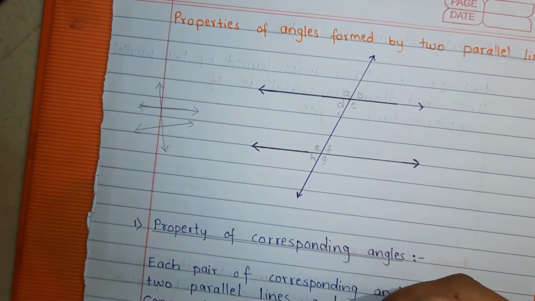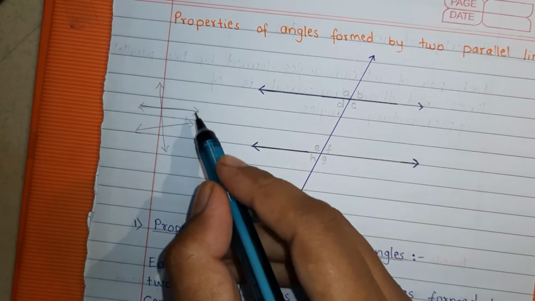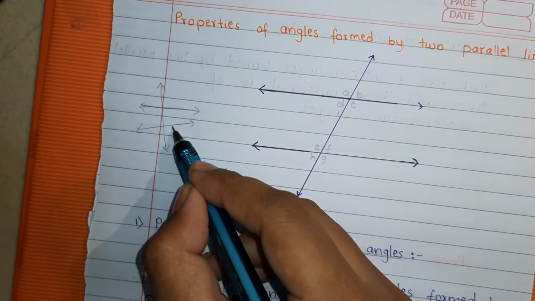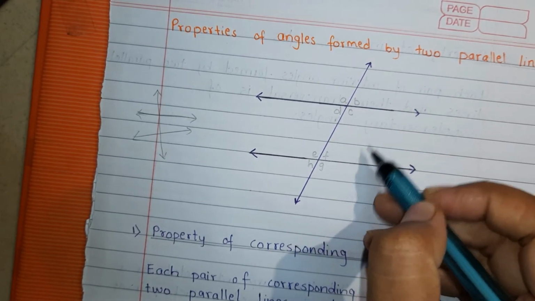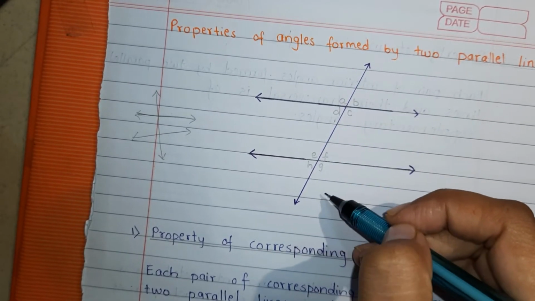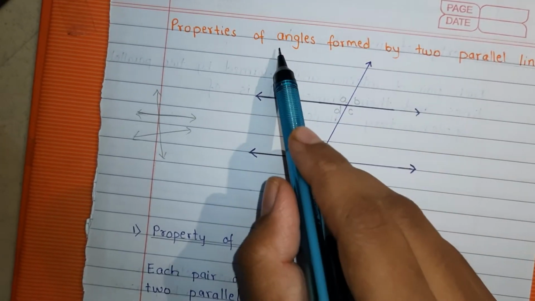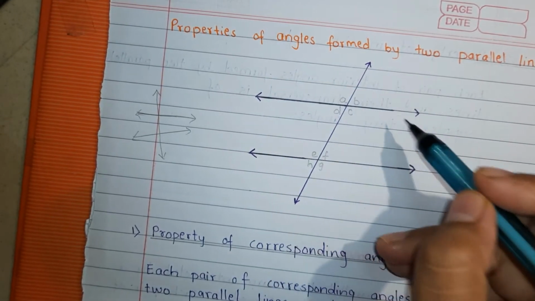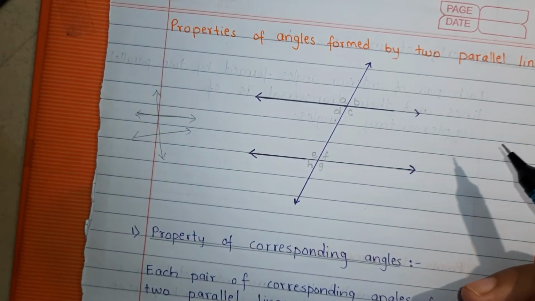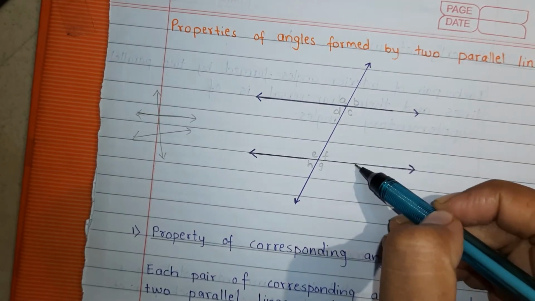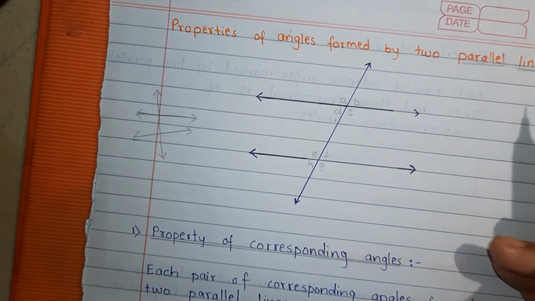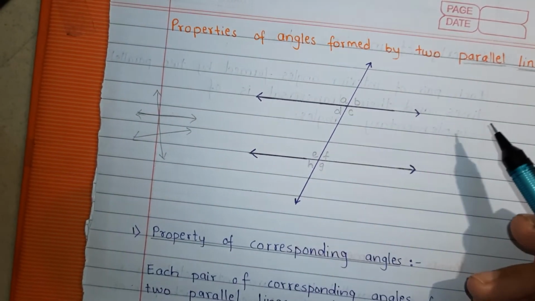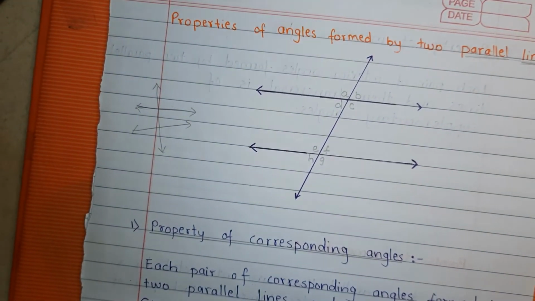The properties we are going to study today will not be true for any two lines. They will be true only for parallel lines and a transversal. This much understood? These properties will be applicable only for parallel lines. Remember the words parallel lines, not for intersecting lines.